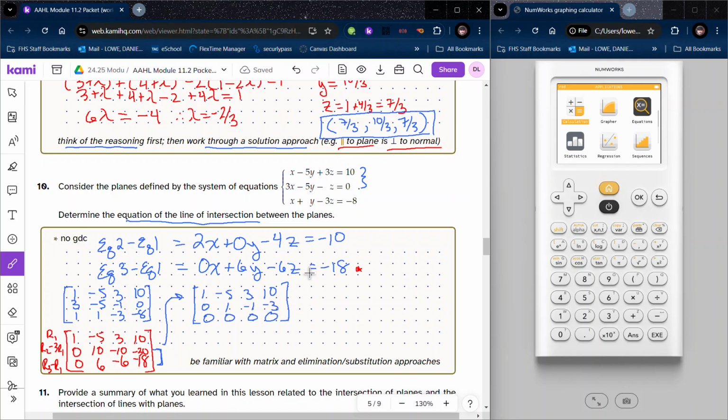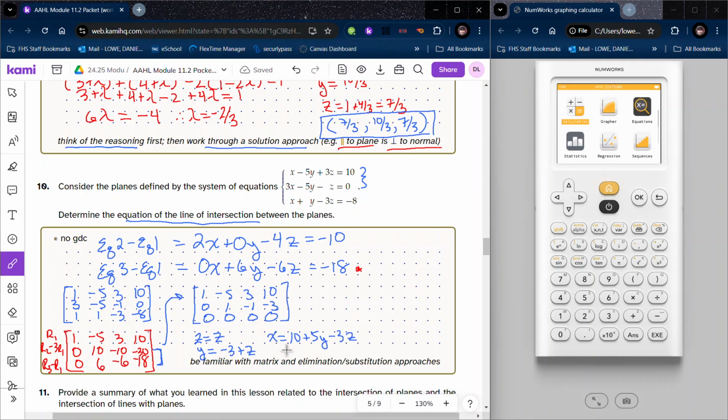So what does this tell me now? This gives me a relationship between my variables: z is my free variable. y is going to be equal to negative 3 plus z. And x is going to be equal to 10 plus 5y minus 3z. But what is y?